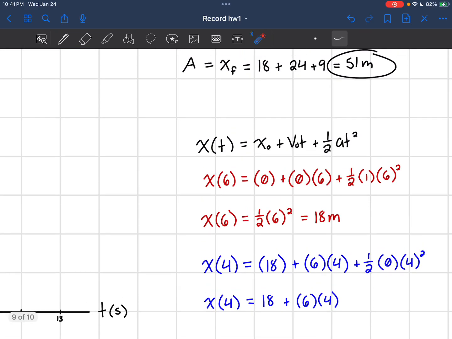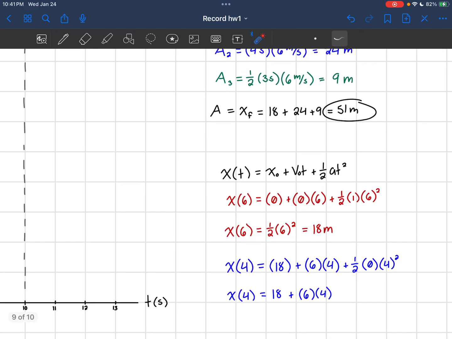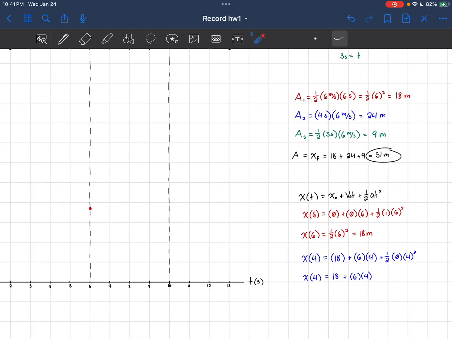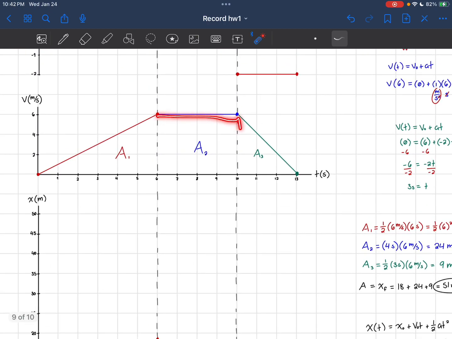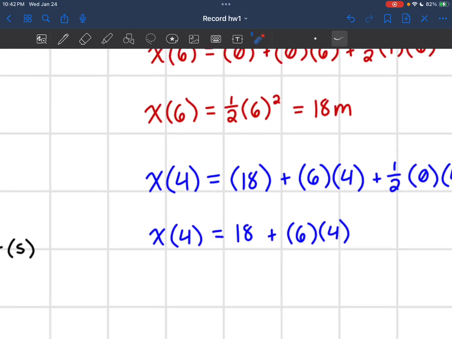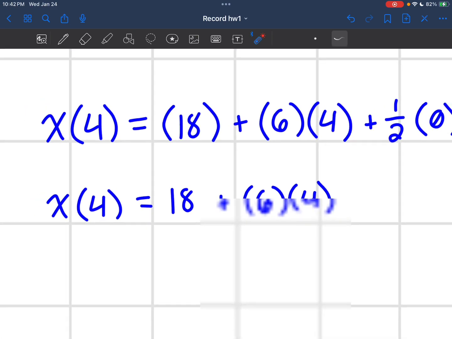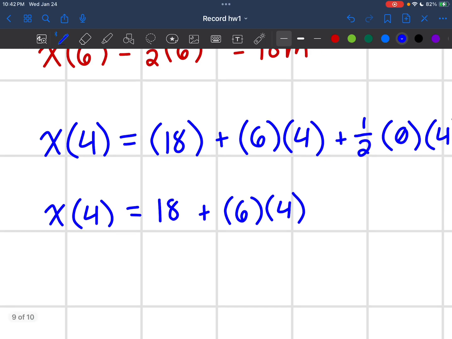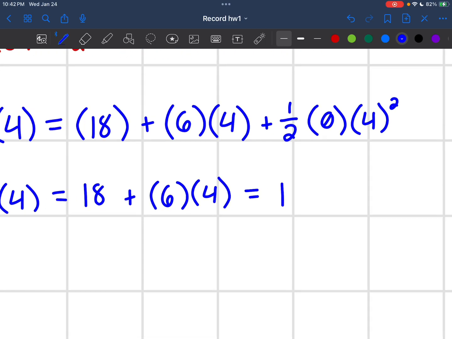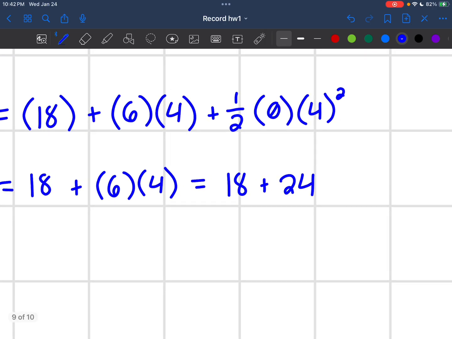Now again, we can see that my displacement during my second chunk of time is the same exact equation that I used to solve for it before. Right? So if I finish this out, I can say, okay, this is going to be 18 plus 24.